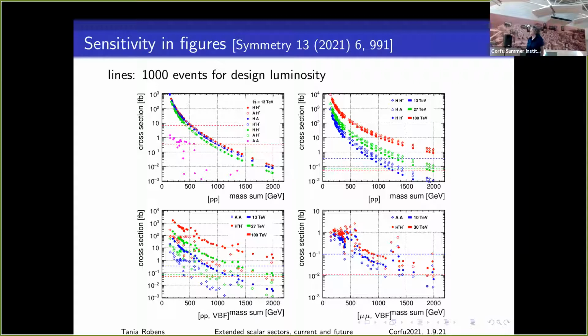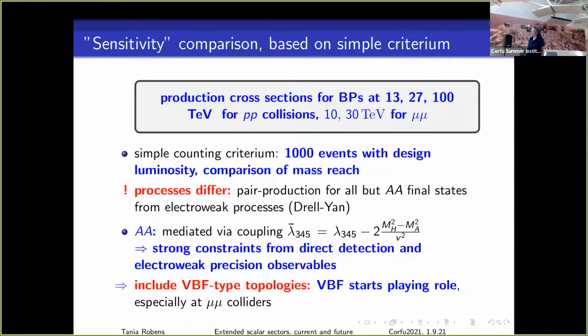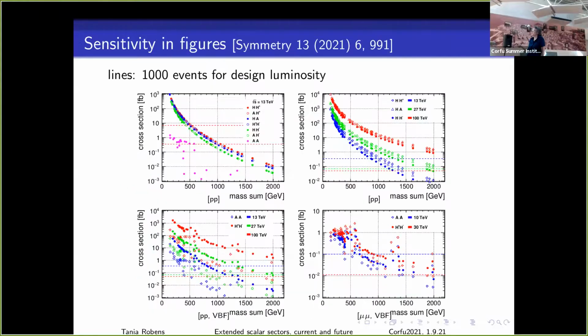And you see that basically all of them follow this pattern of a decay as the mass sum increases, which is due to only phase space being the important parameter here. Apart from this AA, there are slight differences because the couplings are different depending on the process. But apart from this AA, where things are jumping up and down, this is due to the fact that this depends on this slightly different coupling here.